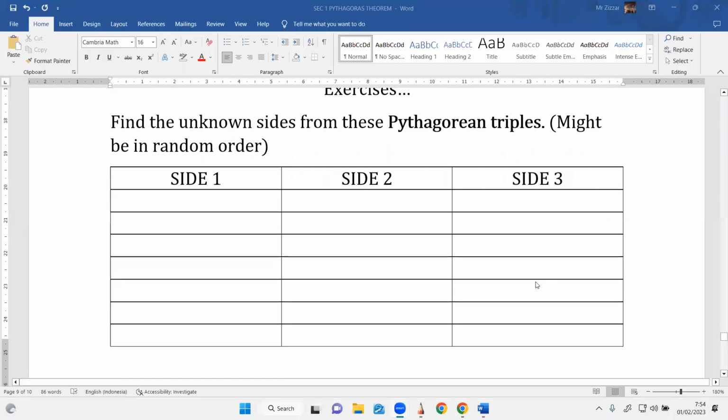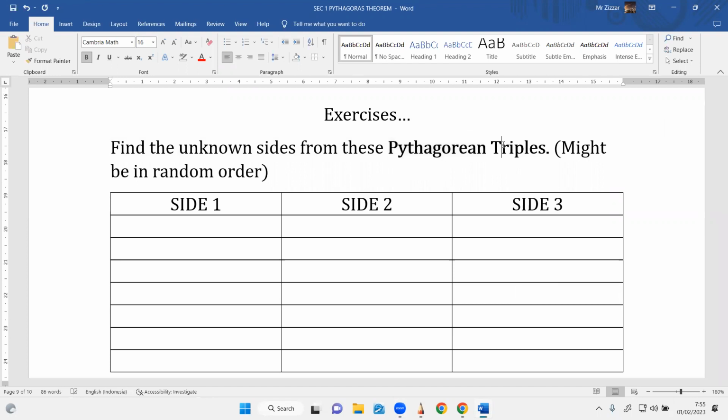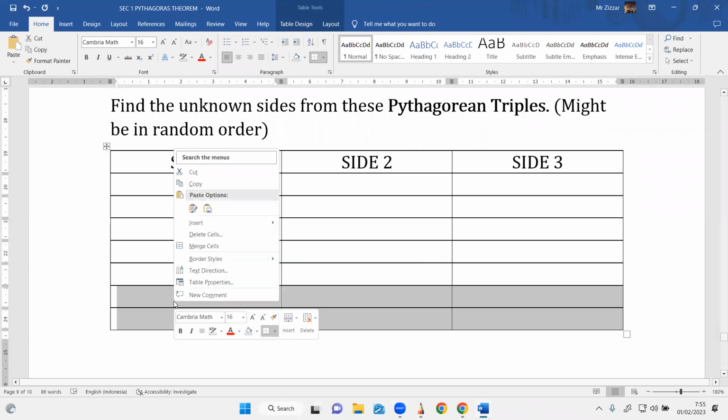I'll give you some exercises. The simple exercise: find the unknown sides from this Pythagorean triple. So we conclude that this is a Pythagorean triple, following the triple Pythagoras rule. Just fill in the blanks. Find the unknowns.